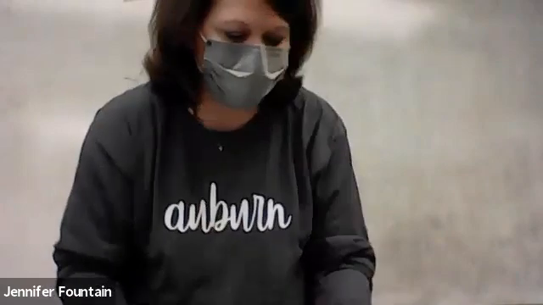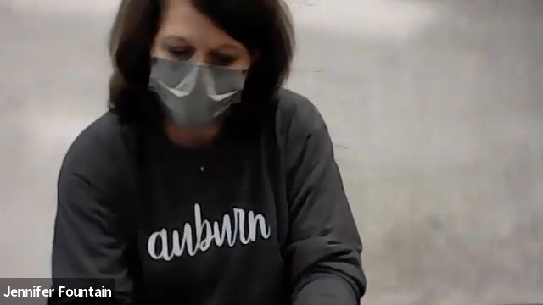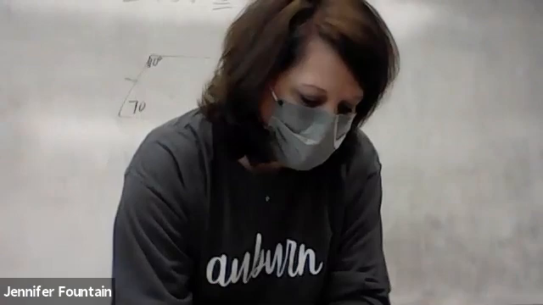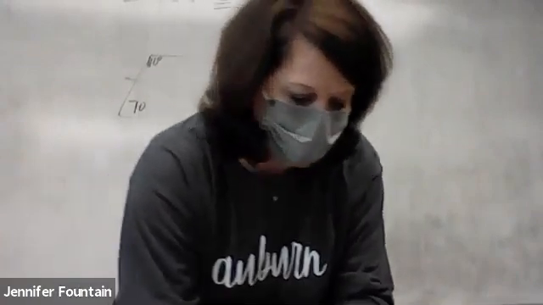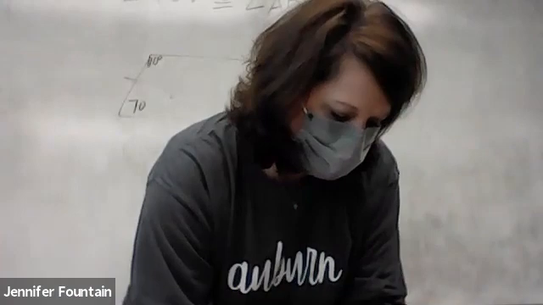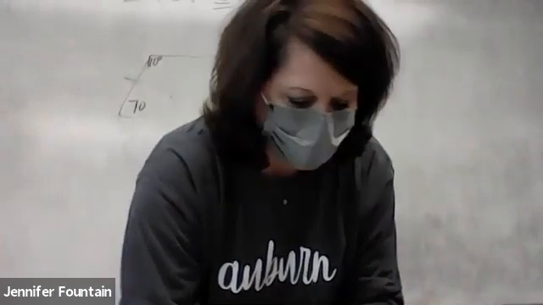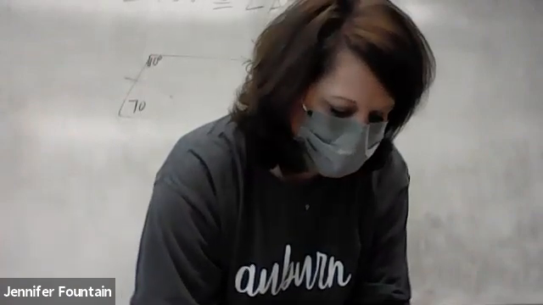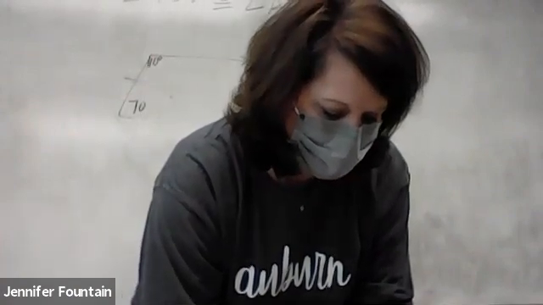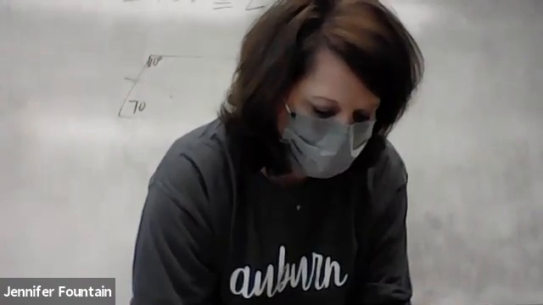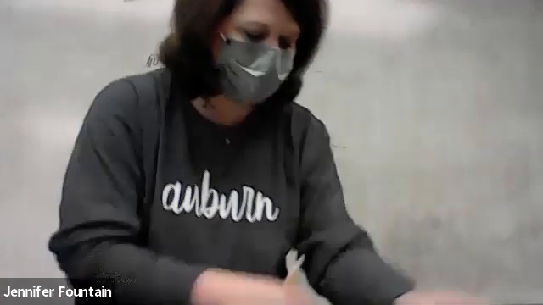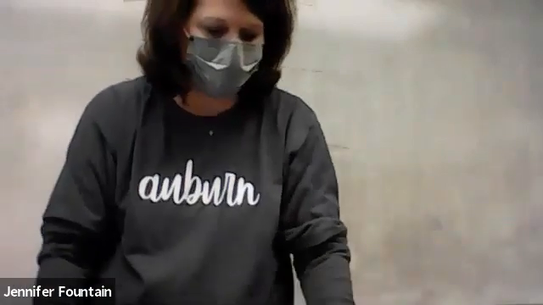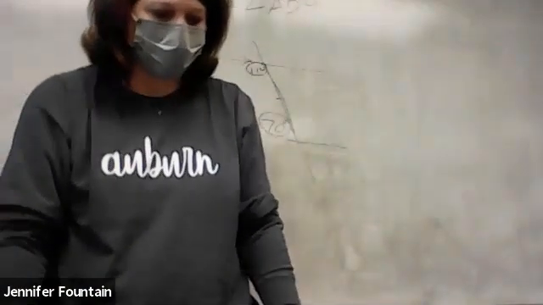It says theorem 8.1, if two polygons are similar, then the ratio of their perimeters is equal to the ratios of their corresponding side lengths. And the last thing says to draw an example of similar figures and show the ratios of the perimeters is equal to the ratios of the corresponding side lengths.